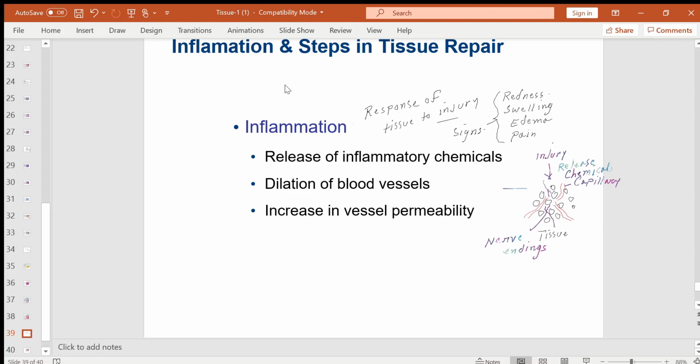Important chemicals that are released are histamine, bradykinin and prostaglandin.